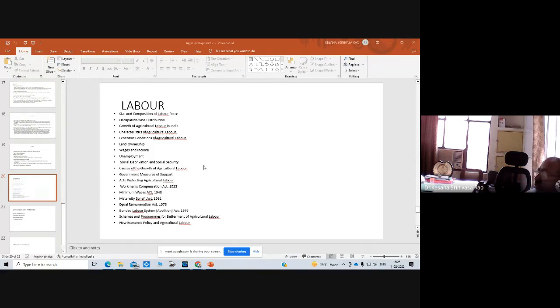Government measures of support: in the recent past, almost all the state governments and the central government are making a lot of efforts, with a lot of support to the agriculture labor force.